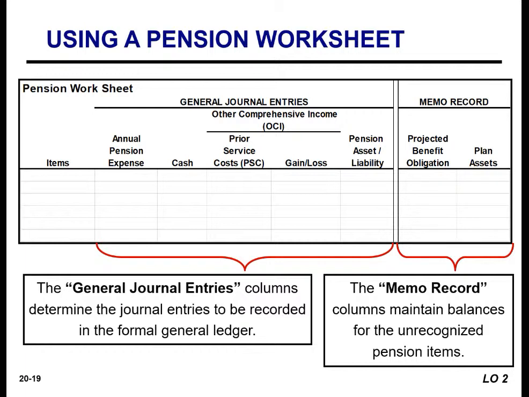The ending balance in the pension asset/liability column should equal the net balance in the memo record. The worksheet approach is the most effective means of keeping track of some really complicated computations. It allows us to look at it in pieces and see how it comes together.